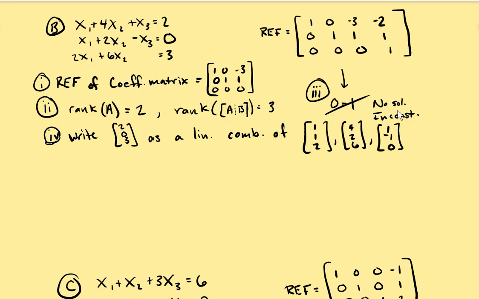But we saw that any linear combination of these guys that makes this right-hand side vector, those scalars in that linear combination would be the solution. We have no solution, so there can be no linear combination of these columns that makes the right-hand side. So we can say impossible. Done.